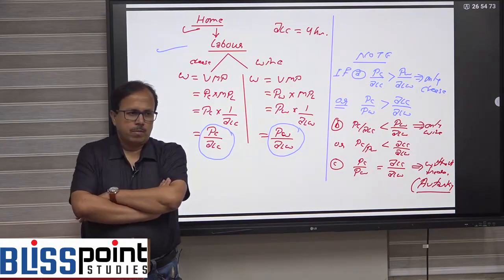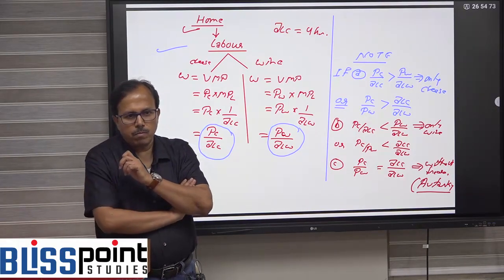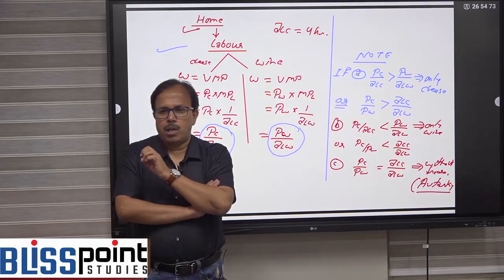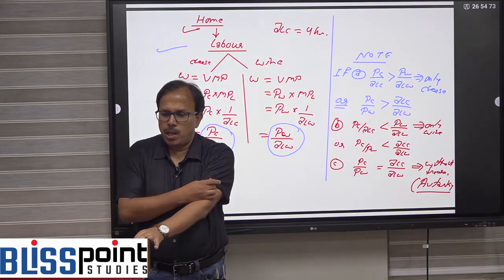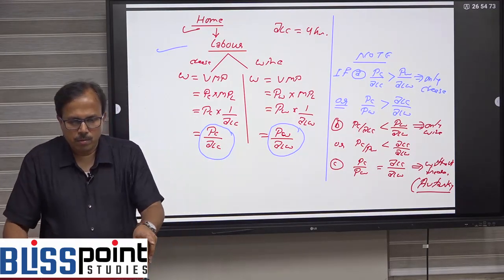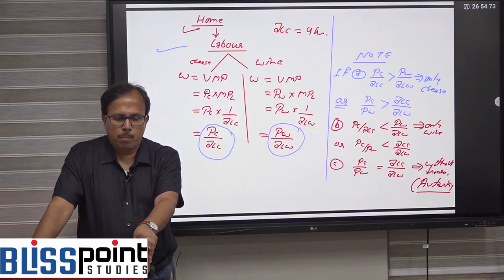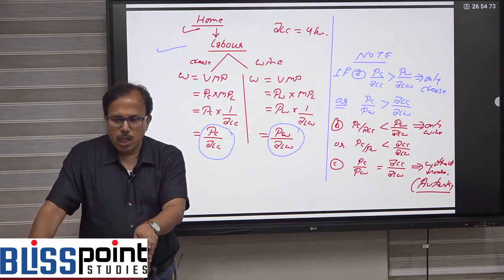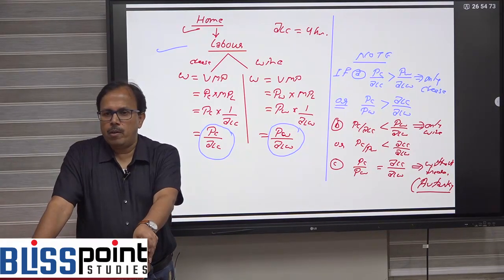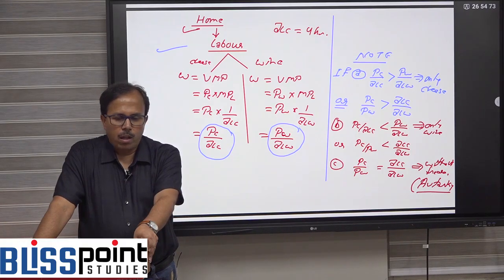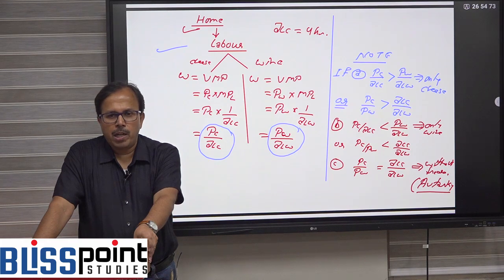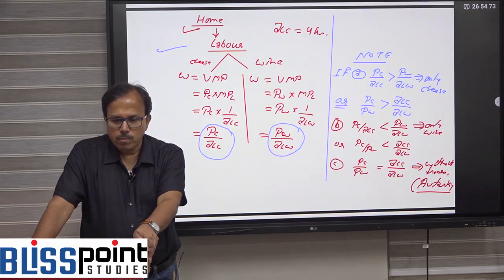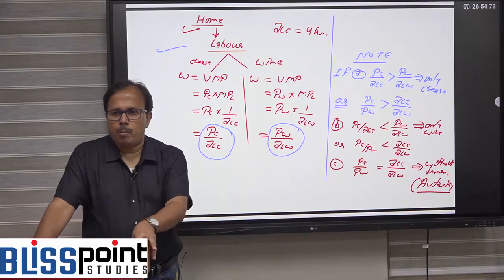Since the Ricardian model is based on the assumption of perfect competition, and under perfect competition, workers are paid wages equal to value of marginal product.